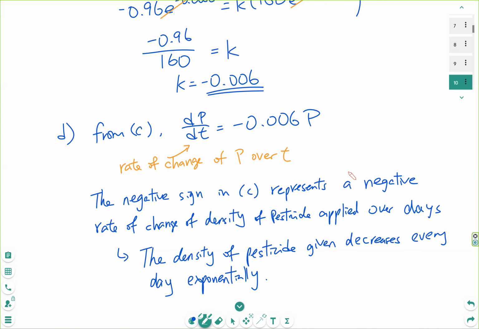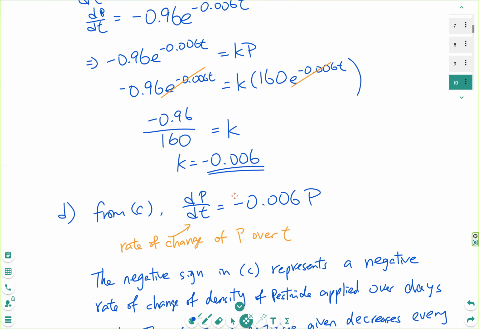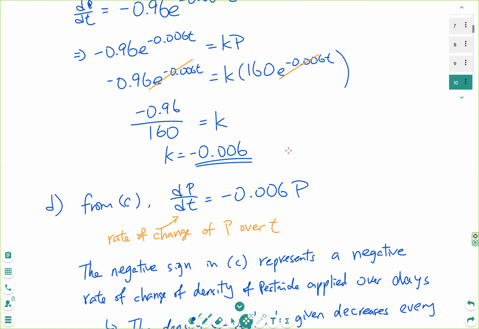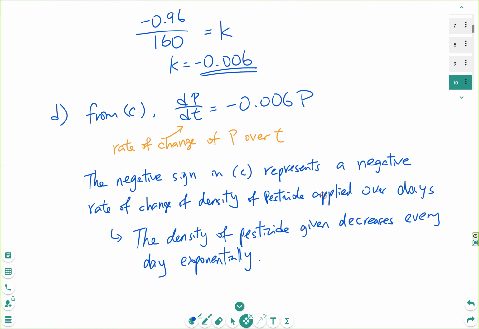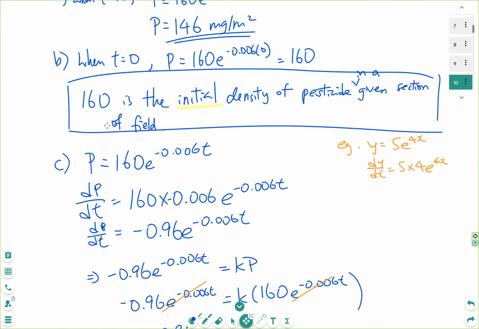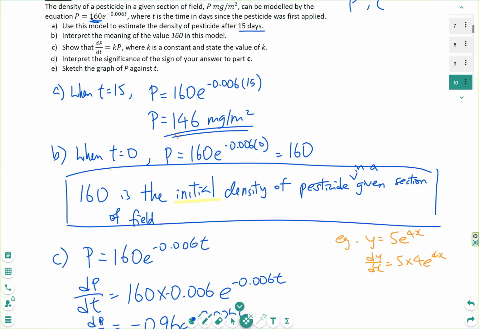Well, why is that the case? That means initially we've got 160, right? And then after 15 days, you've got 146.